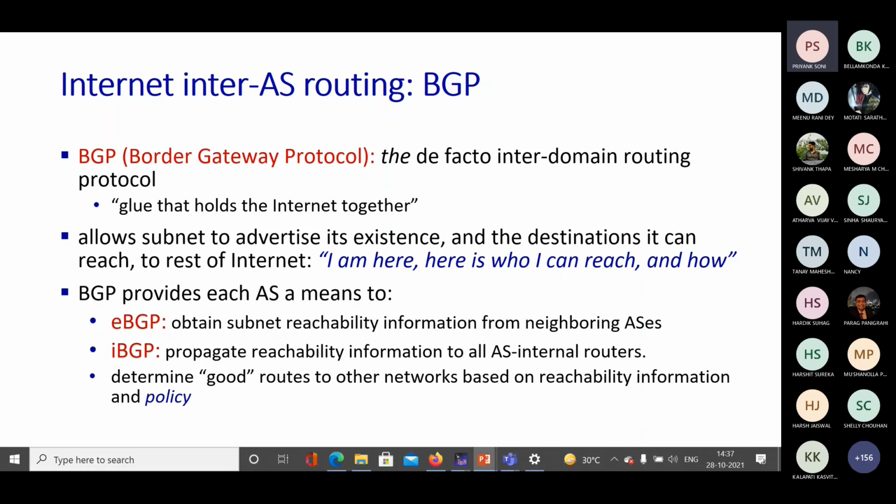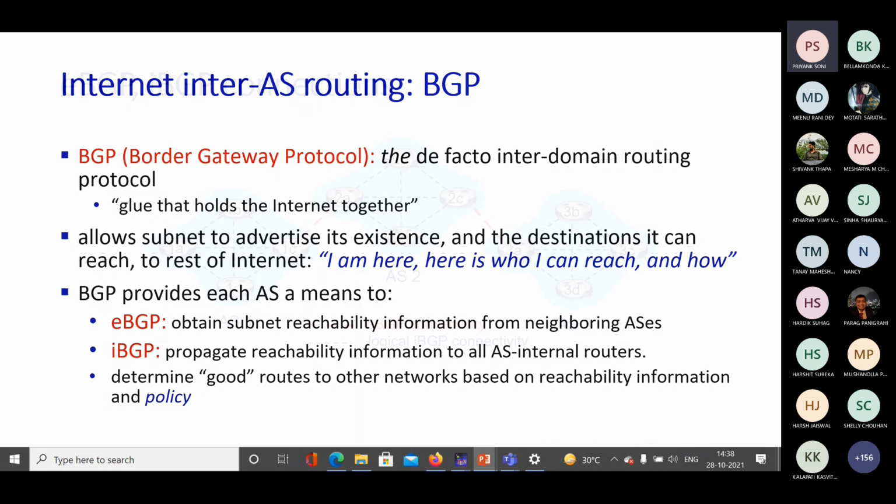Communicating the subnet reachability information from neighboring ASs is done using eBGP, or external BGP, and propagating reachability information to all the internal routers in an AS is known as iBGP, or internal BGP. This is done so that good routes to other networks are found based on the reachability information and the routing policy.